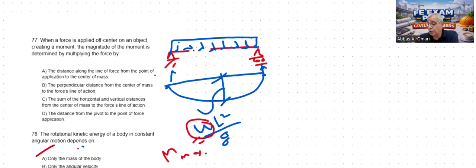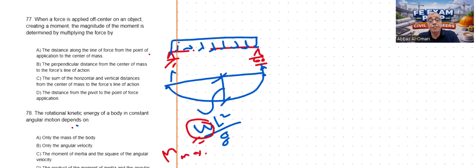When a force is applied off-center on an object, creating a moment, the magnitude of the moment is determined by multiplying the force by... We saw some similar questions. The moment is always the force multiplied by the perpendicular distance between the line of action of the force and the point where we want to determine the moment.